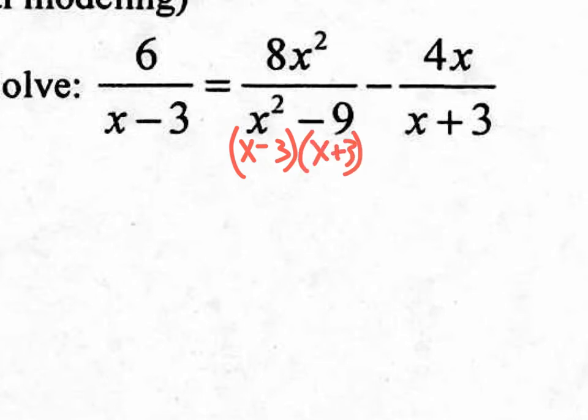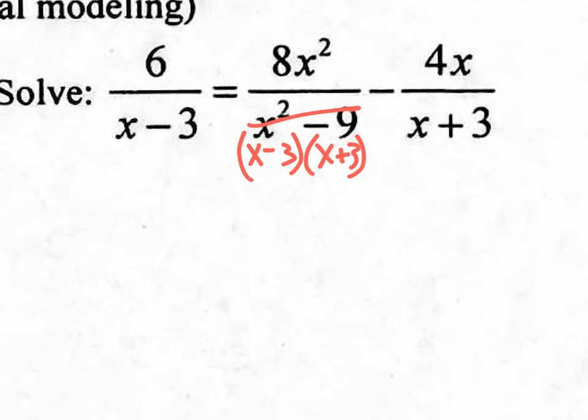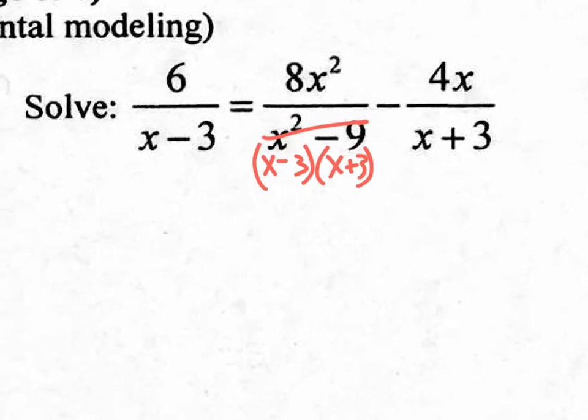You guys agree? Okay, so let me put a line through it. So when I try to think of the LCD, what's the LCD? And that is x minus 3, x plus 3 together, right? Yes? So you could get rid of all fractions by multiplying everything by the LCD. So this is another option, another way of doing it.